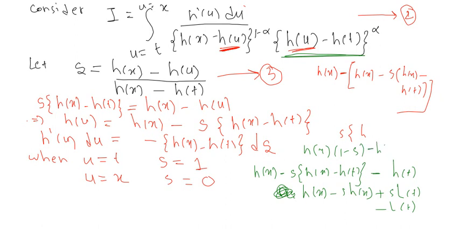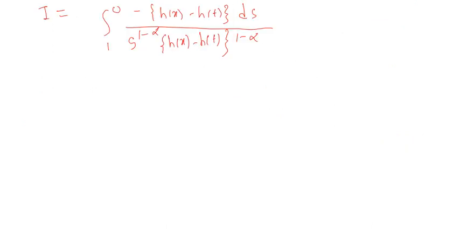If I take common from the second term, what will we get? 1 minus s. Now again take 1 minus s common. So what will we get? 1 minus s into h of x minus h of t. Okay. So here we will get h of x minus h of t raised to alpha, and that is 1 minus s raised to alpha. So this is the integral.